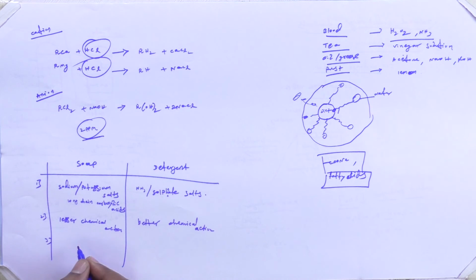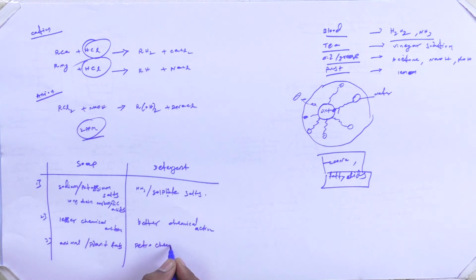The third point: soap is made up from animal fat or plant fats. The detergent is made up from petrochemicals, so we do not use detergent for skin purposes. The fourth point: soaps are easily biodegradable, but detergent is less biodegradable.